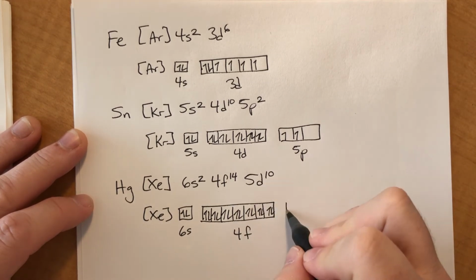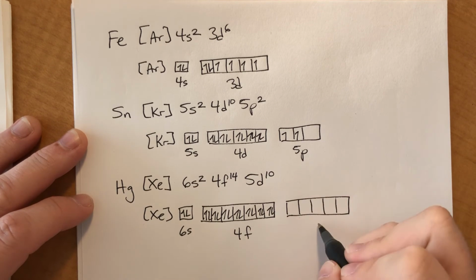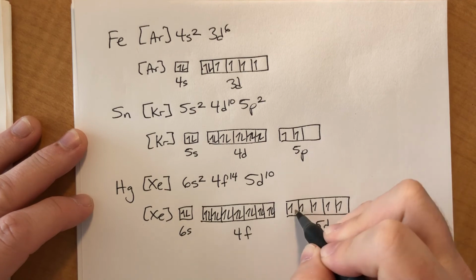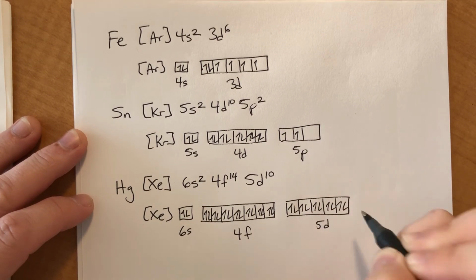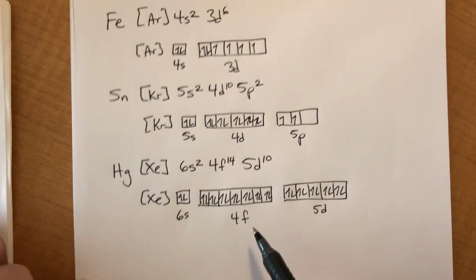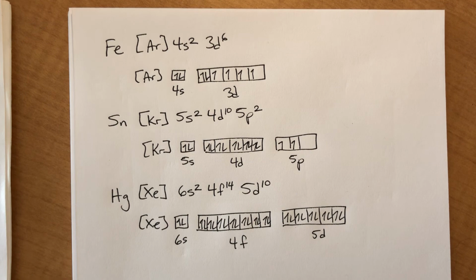Then the D block gets 5 boxes, with 10 arrows. So this would be mercury. This is still tedious, but this abbreviation thing makes things significantly easier and more straightforward. It's going to save us a lot of time and effort. Okay, all right, thank you.